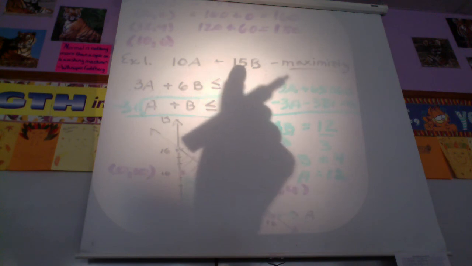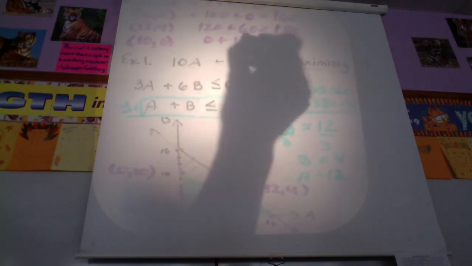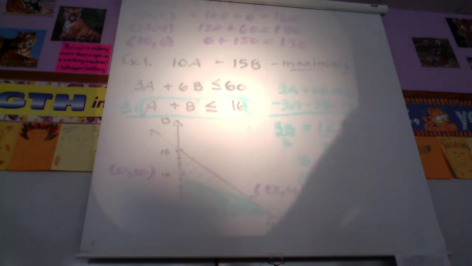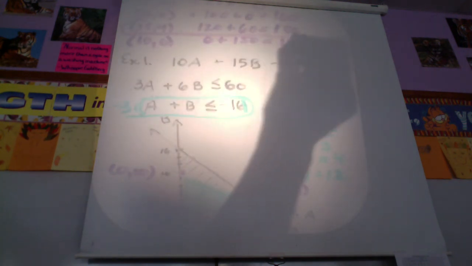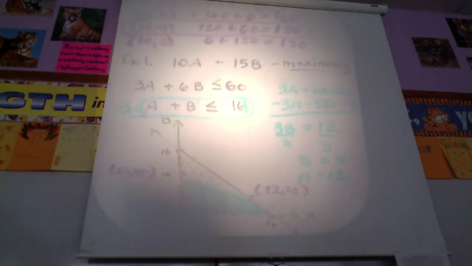And 10 times 15 is 150. So now I have to choose which one is the biggest. So right here, answering 12 of type A and 4 of type B actually gives you the best chance of getting the best grade on that test. Okay?